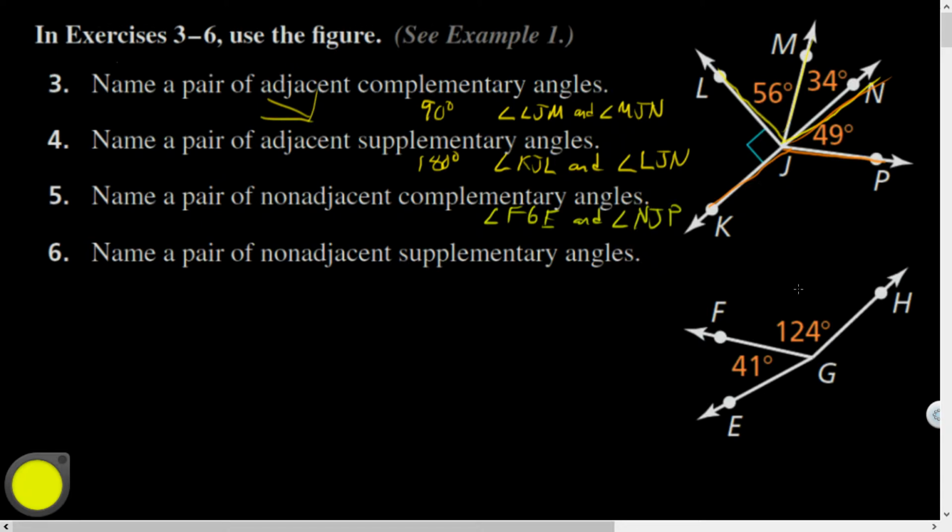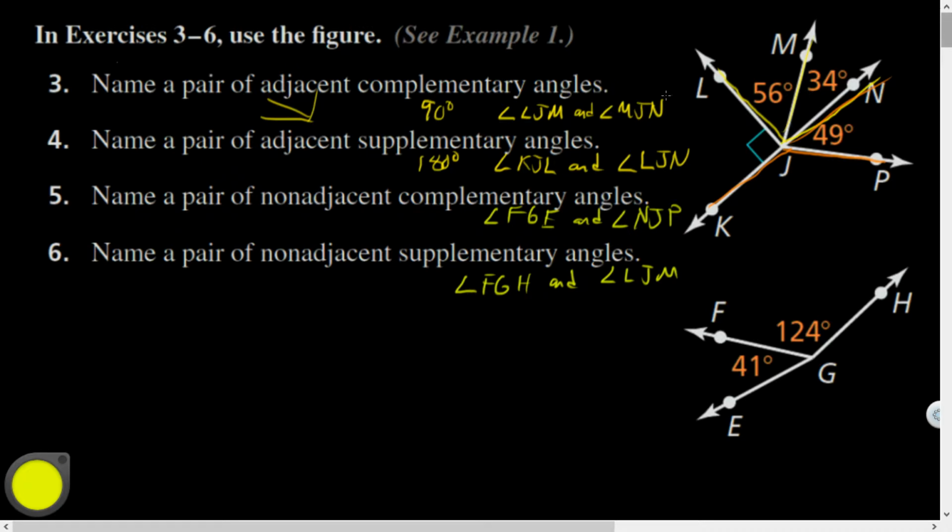And then non-adjacent supplementary, that's probably this one and the 56, I'm guessing. Yeah, so FGH and LJM.